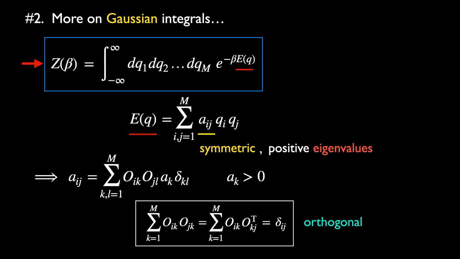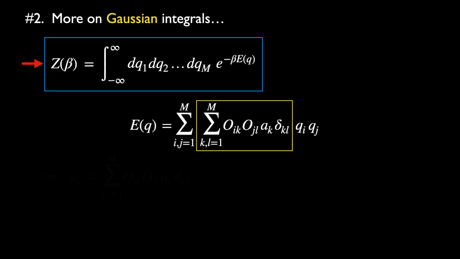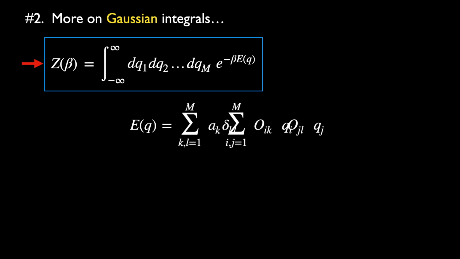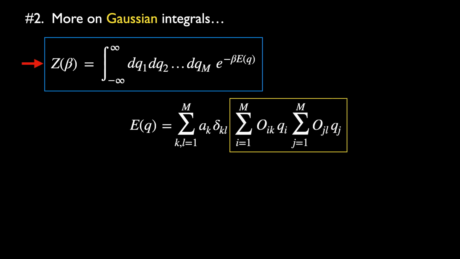This stems from the fact that the energy E is real, as well as the variables Q. Now we substitute this expression back into E. Now we transpose both of these O's such that these look like matrix multiplications, just to make them easier to read. These two terms quite naturally tell us what variables we should change to.